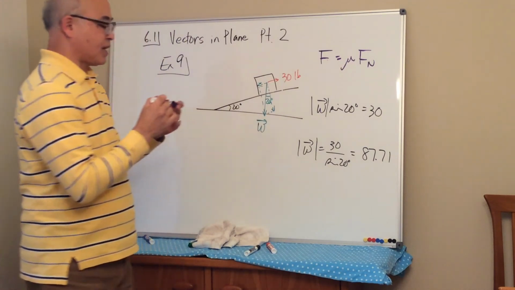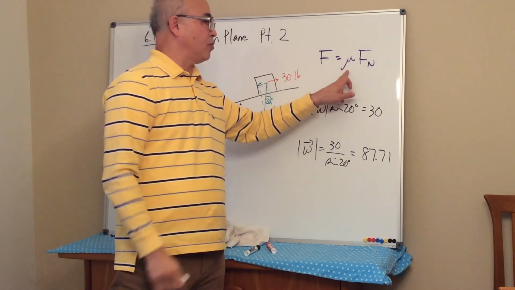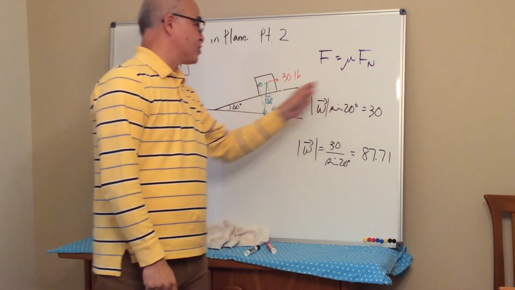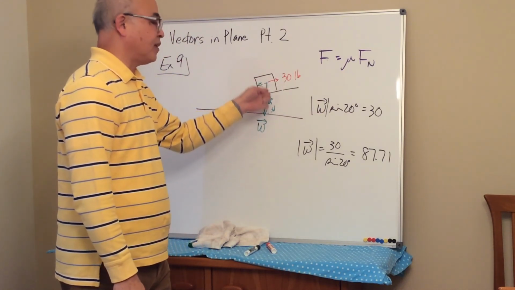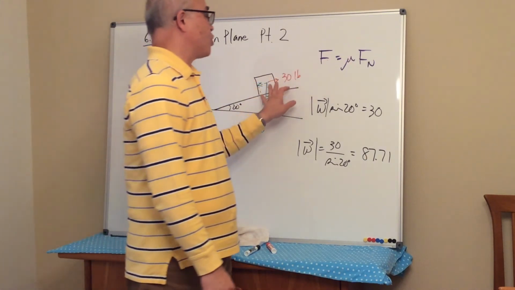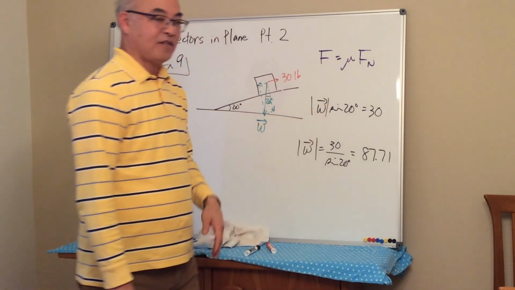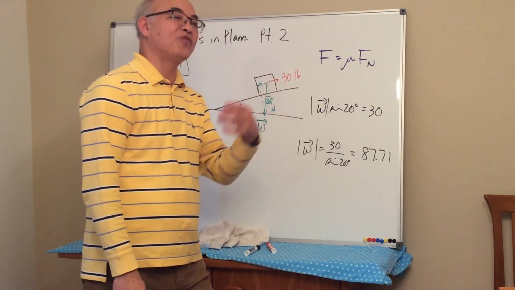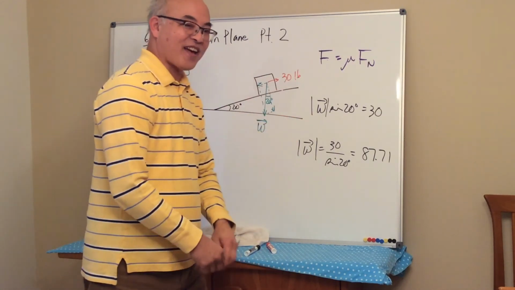The friction force is mu times the normal force. The normal force is a force that is perpendicular to the actual surface itself. Okay, so that's what's holding it. Those of you that don't understand what I'm saying, you'll find out in physics. Okay, that's it.